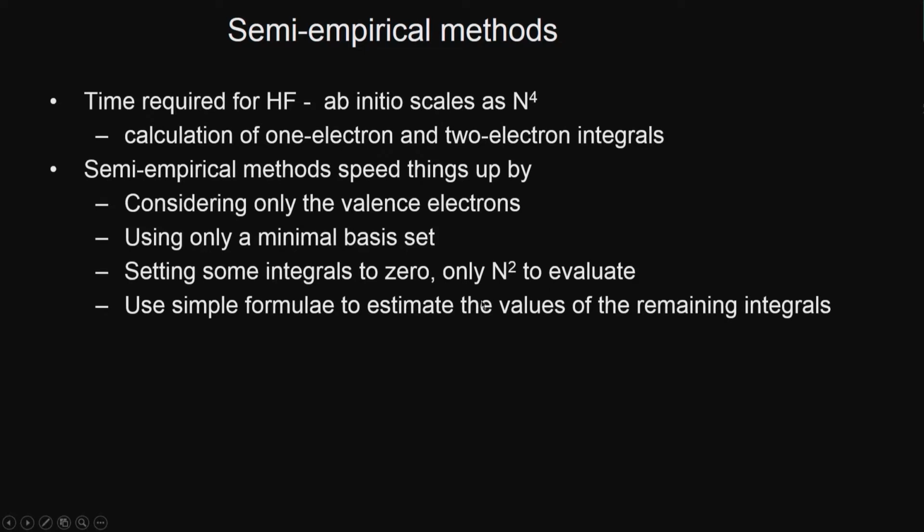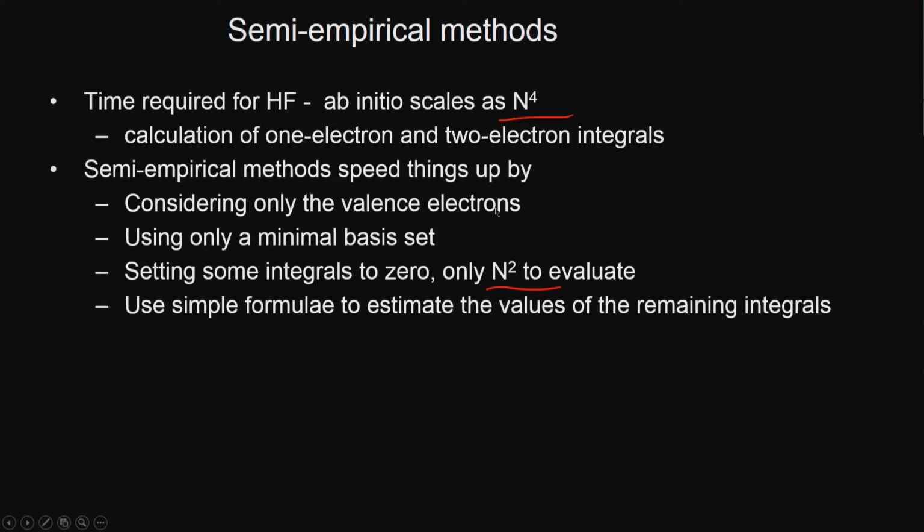So it becomes n squared to evaluate, whereas for Hartree-Fock ab initio methods it is n raised to the power 4. It also uses simple formulae to estimate the values of the remaining integrals. That is why it is called semi-empirical: there are certain empirical relations which can help you estimate the remaining integrals.